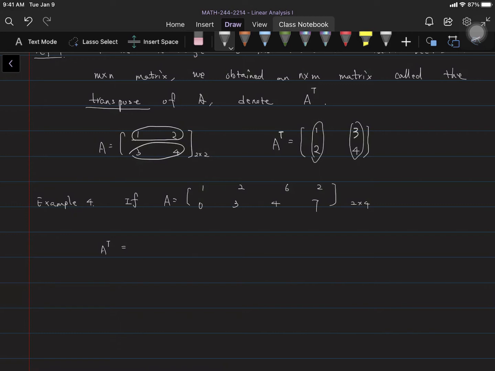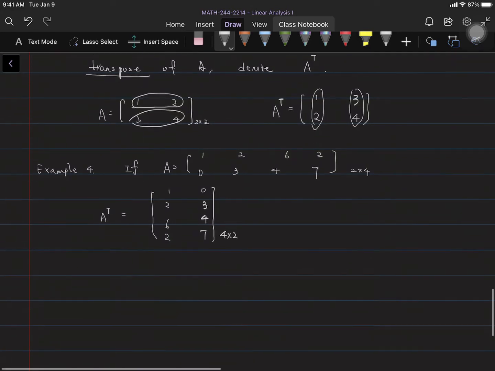So the transpose of this matrix becomes what? First row becomes first column, so 1, 2, 6, 2. Right? Second row becomes the second column. And you can see this is 4 by 2. The size m by n is switched.